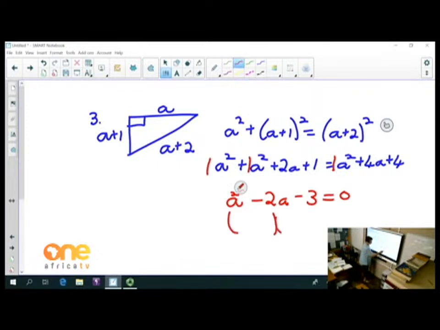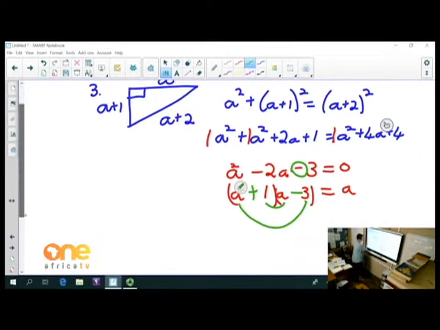So now we can factorize this one. So it will be a and a, 3 and 1. Signs differ, it tells you again signs differ, and the biggest combination is negative. This is the combination. So this one is negative and this one is positive.